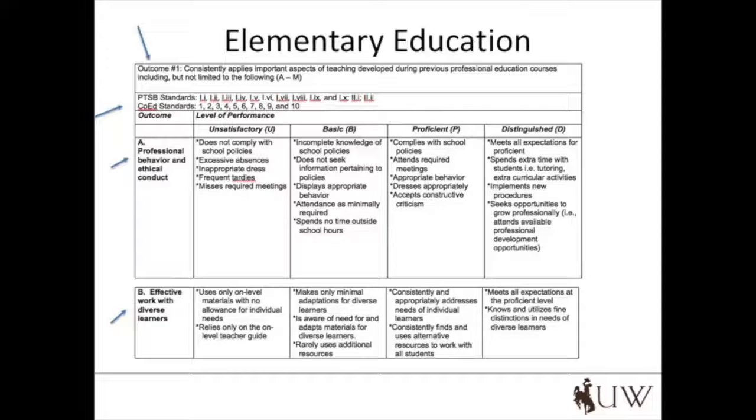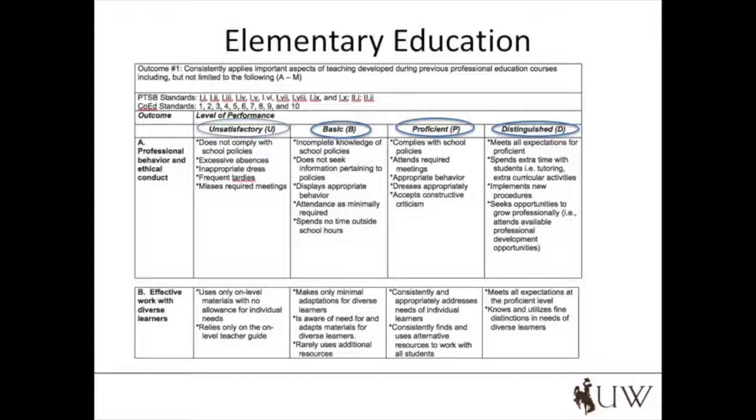The second arrow is pointing to the standards, showing the alignment. The third and fourth arrows are pointing to 2 subtopics of this general outcome. The 2 you can see here are professional behavior and ethical conduct, as well as effective work with diverse learners. Of course, there are many other outcomes that will be evaluated. In this sample, we are just showing a couple of topics to get you started.